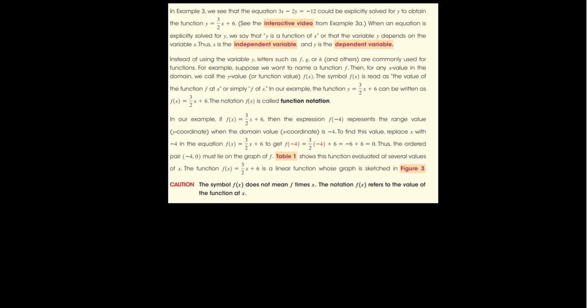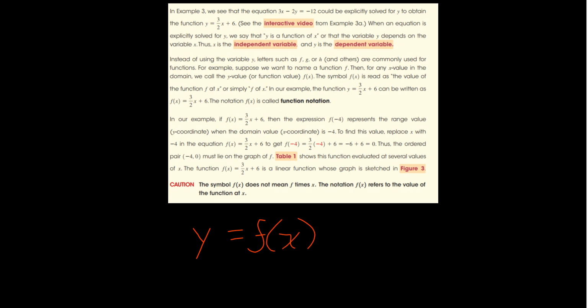Let's look at the relationship between this real quick and this. What's the difference here? The difference between these two is that this top one is a y and this bottom one is an f of x. Everything else is the exact same. So what does that tell me? That tells me that y and f of x are essentially interchangeable.